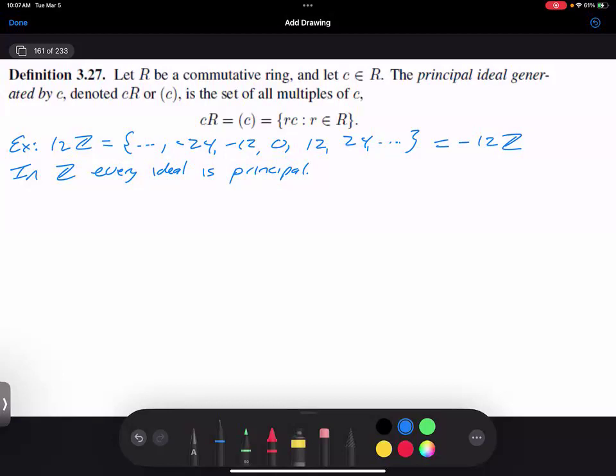So for example, if we look at the clock group Z mod 12Z, look at I equals {0, 4, 8} on the clock. Because I'm using I, what should this be?